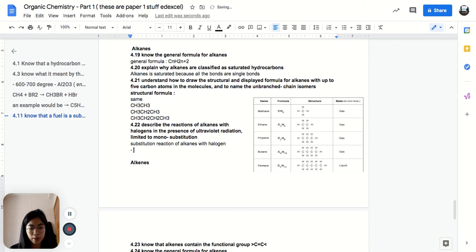So remember, it has to be under UV light. I'm pretty sure I have mentioned it in the introduction as well. I said it has to be under UV light, and they love asking you guys. They would ask, what do you need for substitution to happen? You would say UV light. So under UV light, methane will react with bromine.